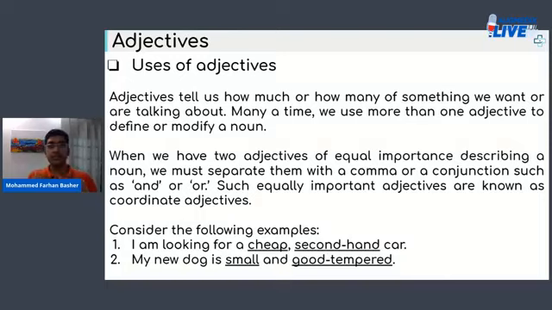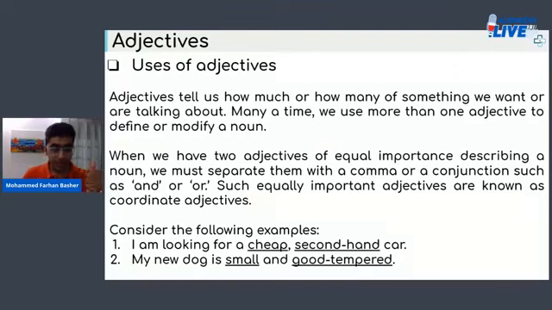Okay, so when you modify nouns with more than one adjective, and each of the adjectives you're using is equally important, then you need to separate these adjectives with a comma. Okay, you follow? I'll repeat this again. I'm looking for a cheap, second-hand car.